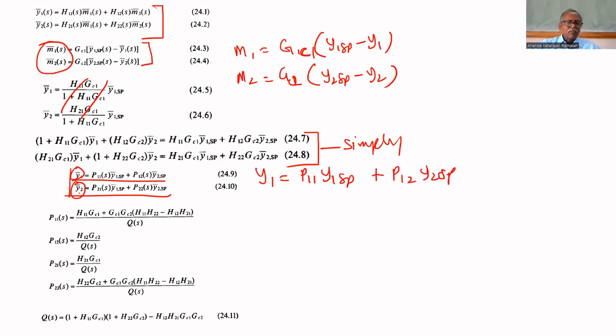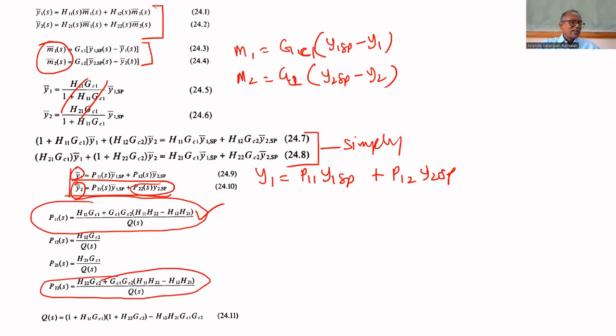Here p11 is in terms of h11, h12, h21, etc. It is a function of 4 transfer functions. In the same way, P22 is also a function of all 4 transfer functions. P12 and P21 are again functions of 4 transfer functions.